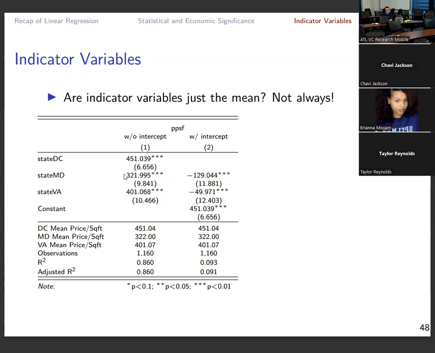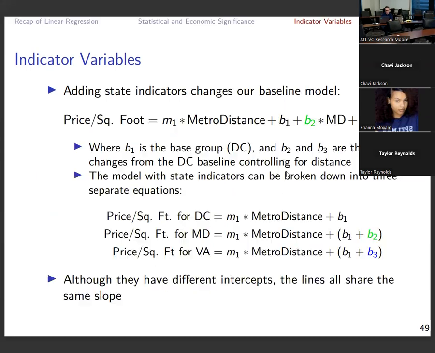And same thing with the state of Maryland. I take 130 off of 451 and I come up with this 321. Okay, any questions about that? No.